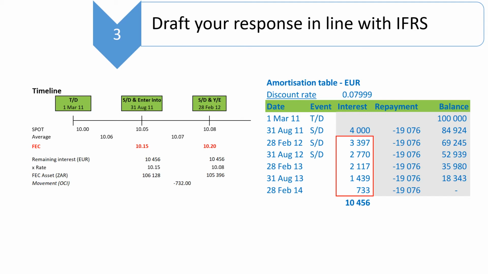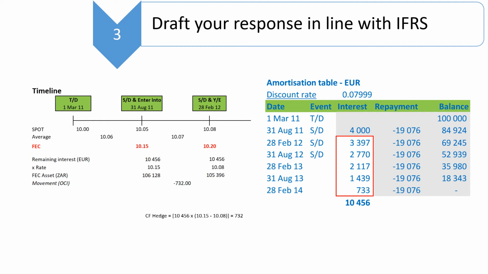Thus you have a negative movement of 732 rands, and this movement will be recorded in OCI. You can either do this the long way how you see it on the screen, or you can also do it the short linear way. Whichever method you choose is absolutely fine.